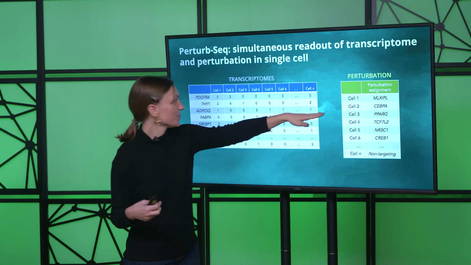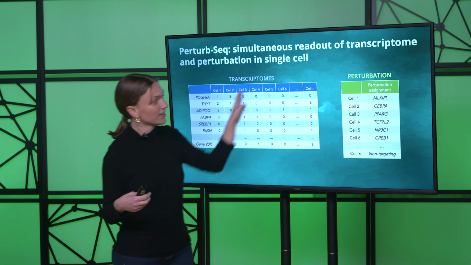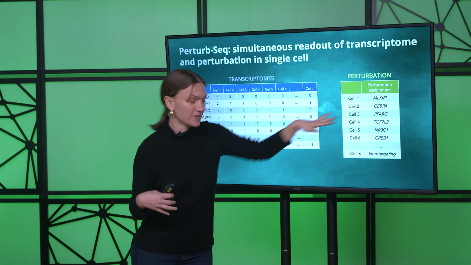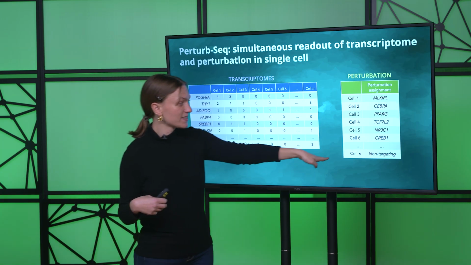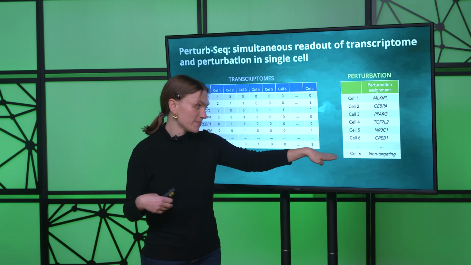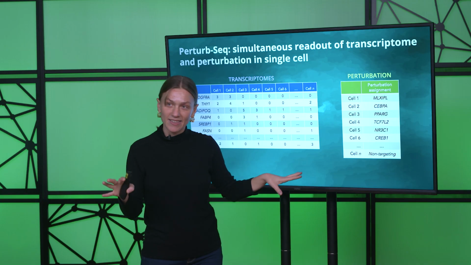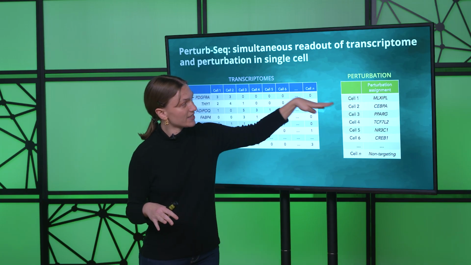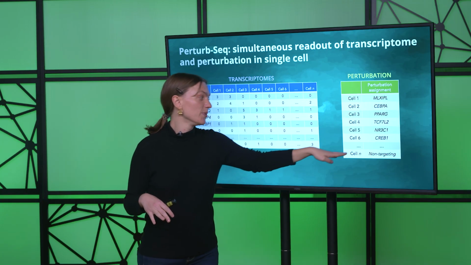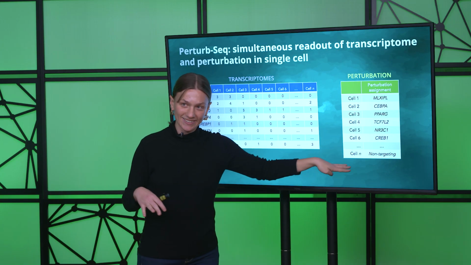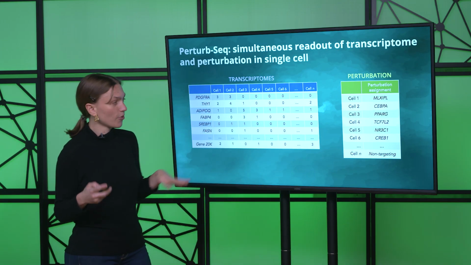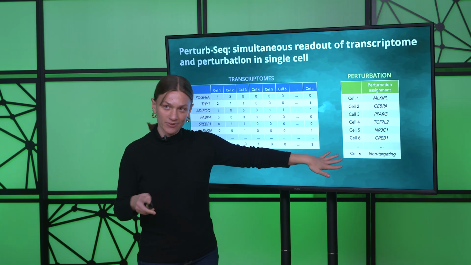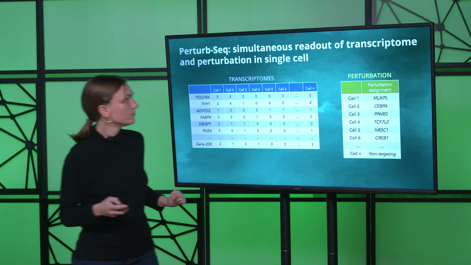And likewise in cell 2, we can see the gene expression profile and the gene CBPA that was knocked out, and so on. Finally, we also have some cells, always in Perturb-seq experiments, where we don't knock anything out, so that we can compare each of these perturbation groups to the non-targeting control, or in other words, the expectation with no perturbation.